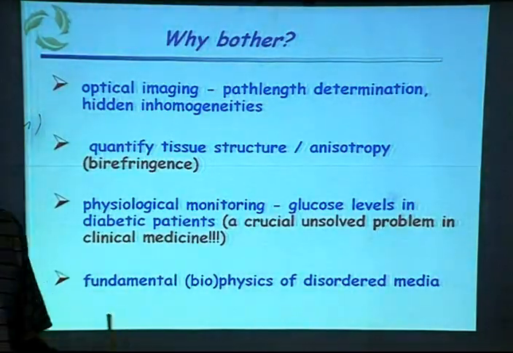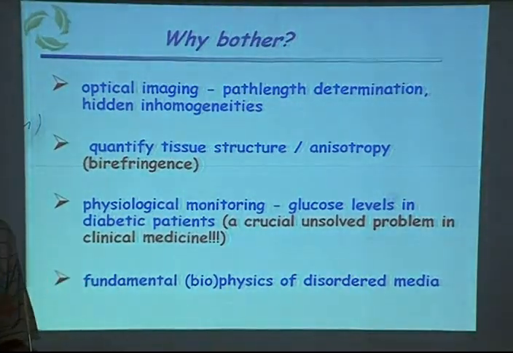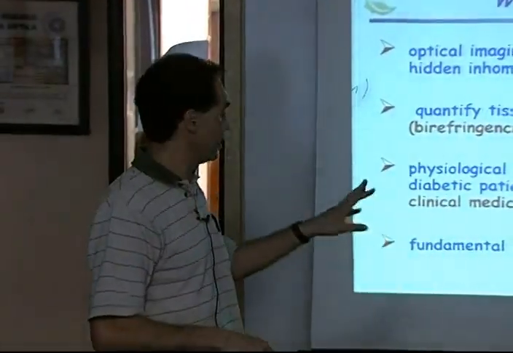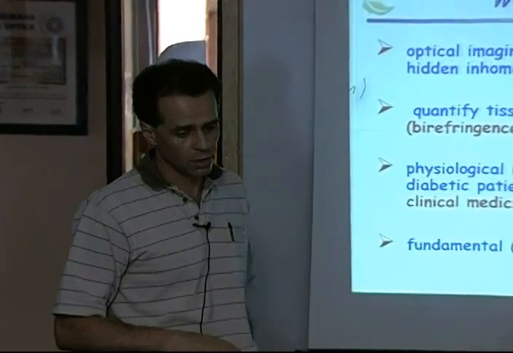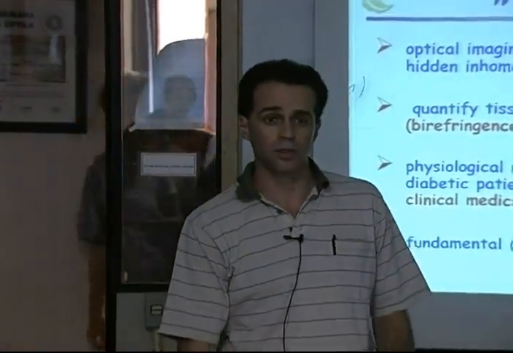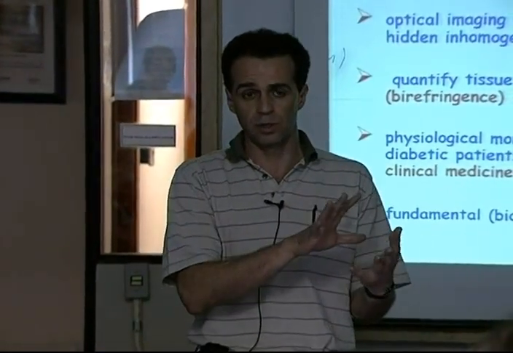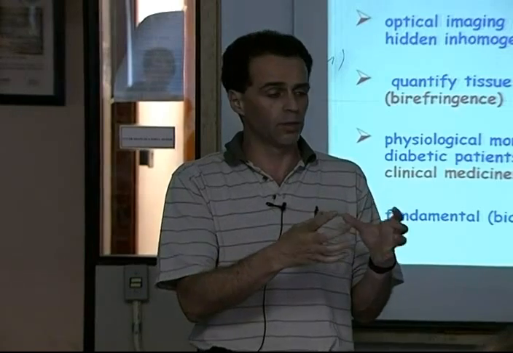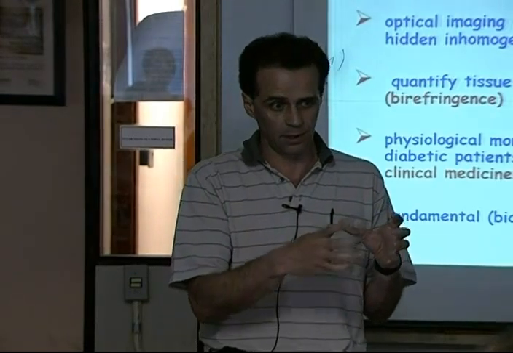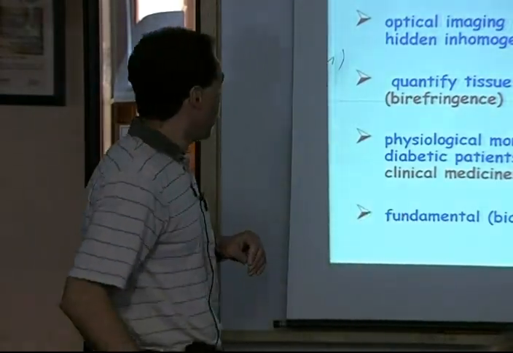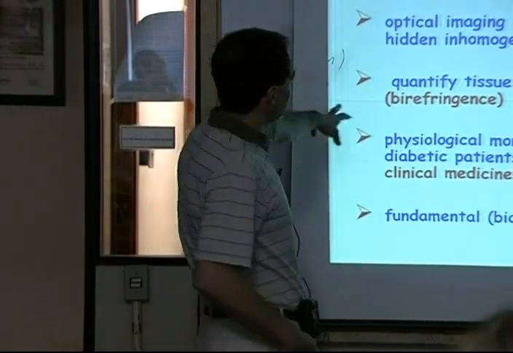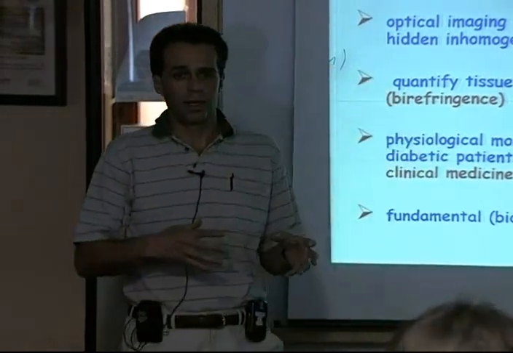So why is this interesting, useful in biomedicine? Well, there's several reasons, and I list some of them here. So the ability to use polarized light to see through tissue, to see through a very multiply scattering medium for optical imaging. That's one possibility. Another thing that we are very interested in is to quantify tissue anisotropy.